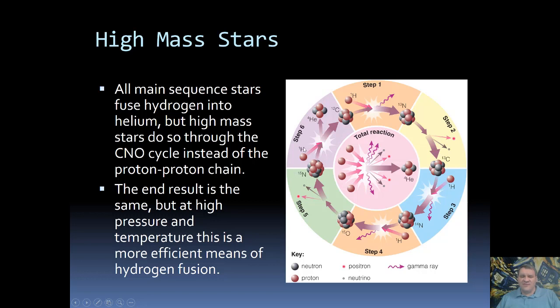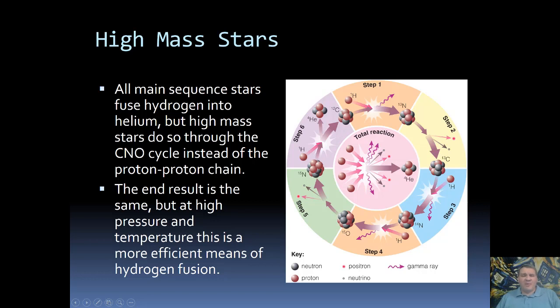Then onto that nitrogen-15 we have another hydrogen come in, which then allows a helium nucleus to break off, leading us back to carbon-12. Okay, so this is the CNO cycle because we go between carbon, nitrogen, and oxygen in this cycle. Carbon, nitrogen, oxygen, as we are slowly building up to helium.